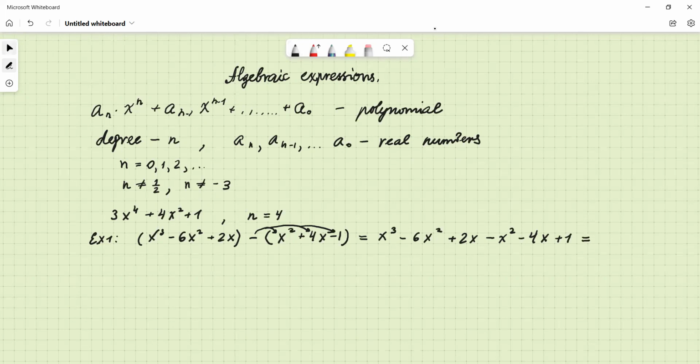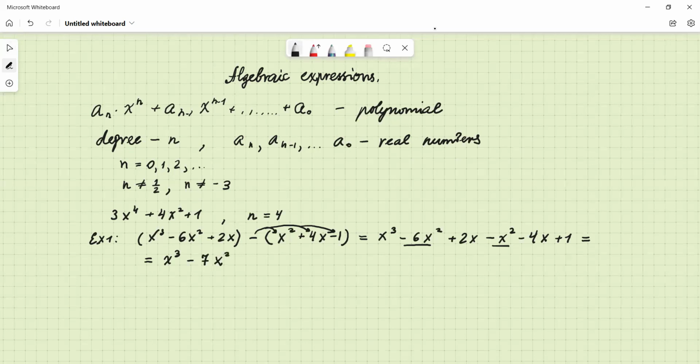Now, guys, we are going to simplify our polynomial by bringing the same powers together. We don't have any cubes besides the first term here, so we are just going to copy it. We do have 2 squares here, minus 6x squared and minus 1x squared. It's like you have minus 6 apples and minus 1 apple. Well, you are going to get minus 7 apples, right?